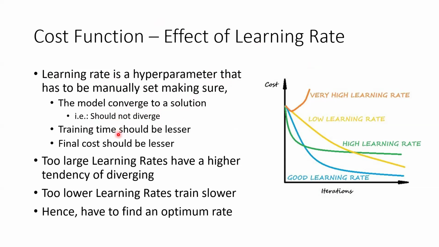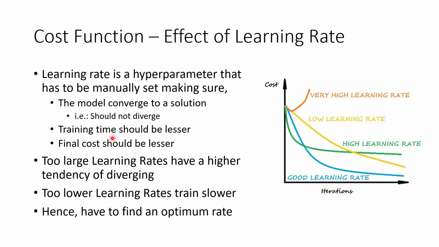And actually, you can select a very low learning rate and make sure that the model is converging. Maybe you can select 0.001 and make sure that it is moving to the optimum point, but that is not the only thing, right? You have to think about the training time as well.